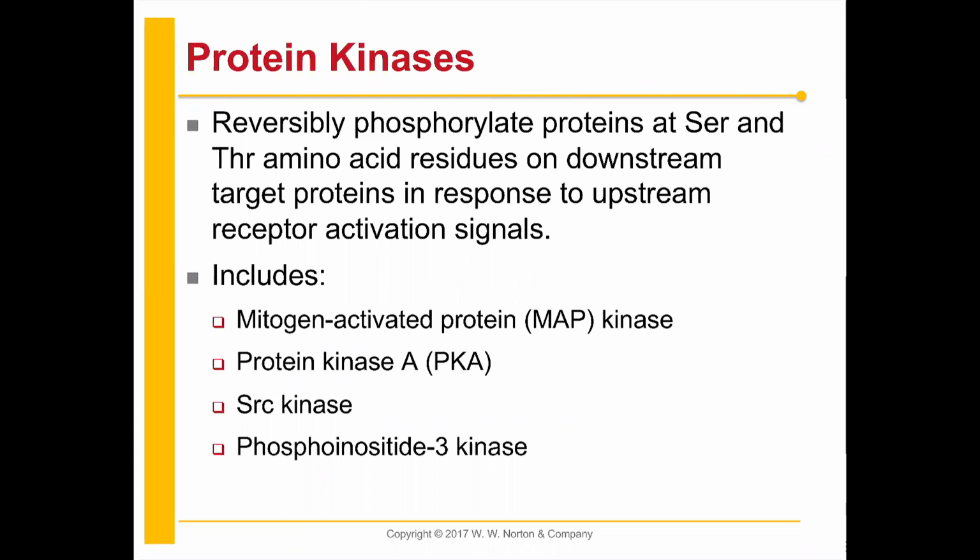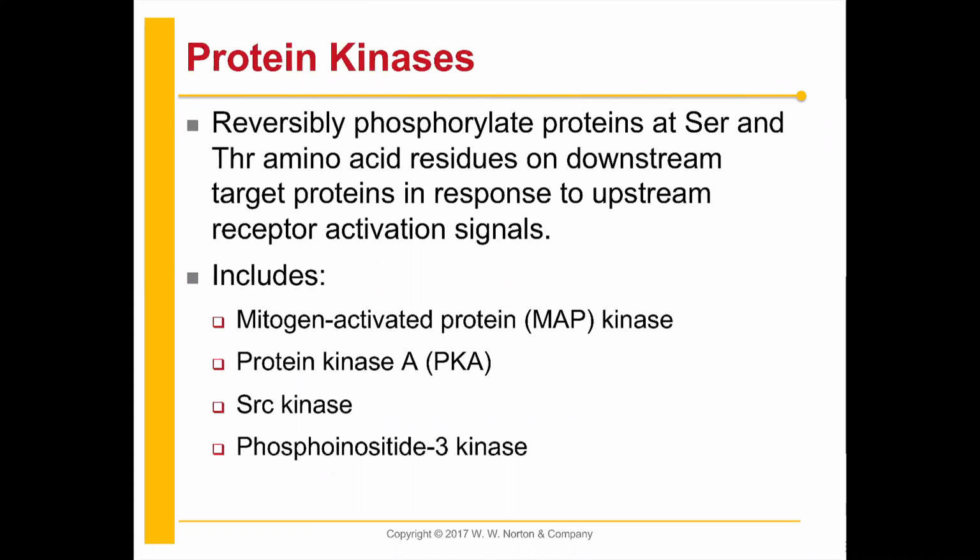There's also tyrosine phosphorylation. Why are you doing that? Well, you had this upstream receptor activation signal, which activated our molecular signaling proteins, our molecular switches, which then phosphorylated or dephosphorylated a target.